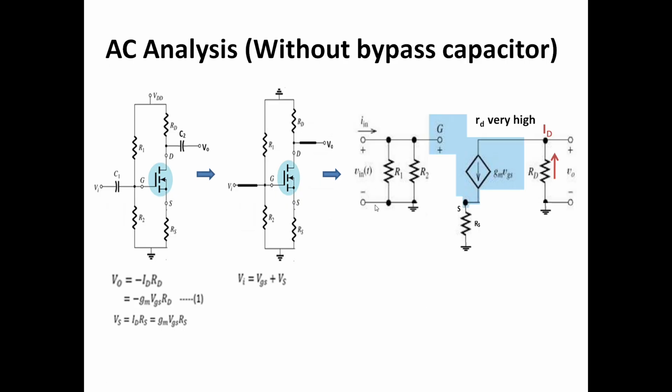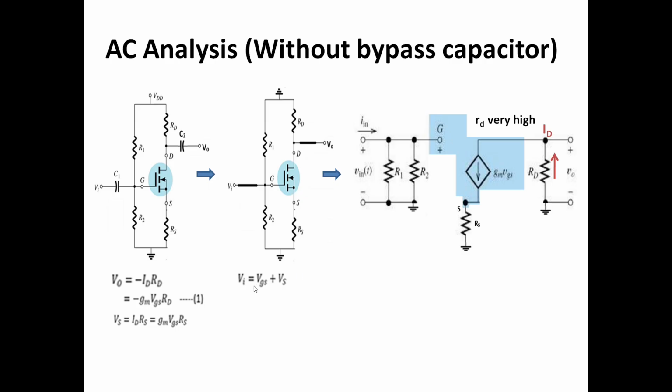Now the input potential is given between this terminal with respect to ground. So this Vin, the total potential, is divided between the gate source terminal and the potential drop across the RS.